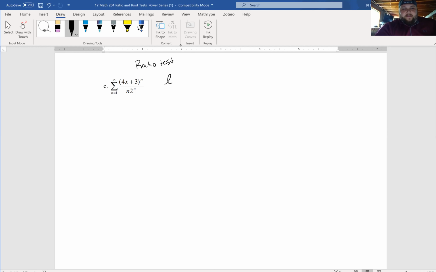That says take the limit as n approaches infinity, absolute value. Anywhere I see an n, I'm going to make it n plus 1. Then I'm going to multiply by the reciprocal of what I started with.